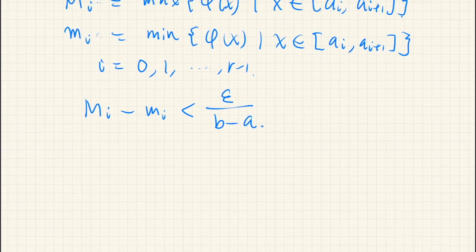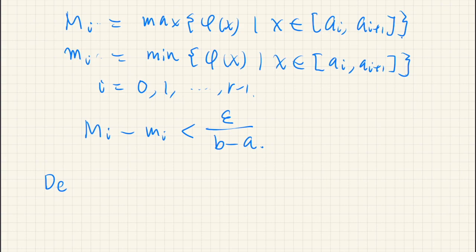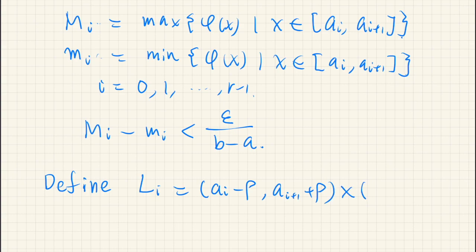Next we define open rectangular regions, L_i, as the open interval (a_i minus rho, a_{i+1} plus rho), Cartesian product with the open interval (lowercase m_i minus rho, uppercase M_i plus rho).